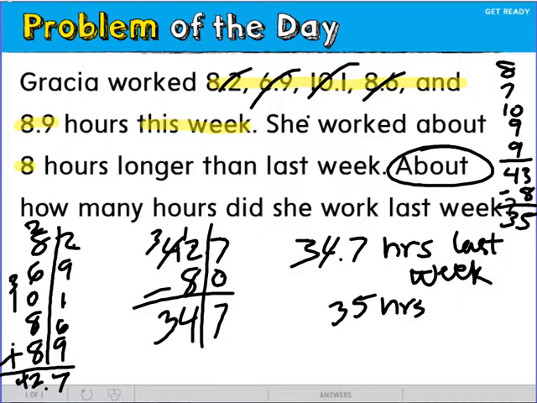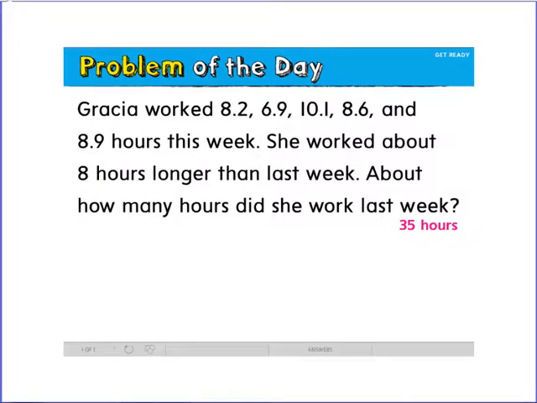I'm sorry, I missed the about. So that's how you get your 35 hours. Round them all first. Round and then solve. Make sure you find words like that.